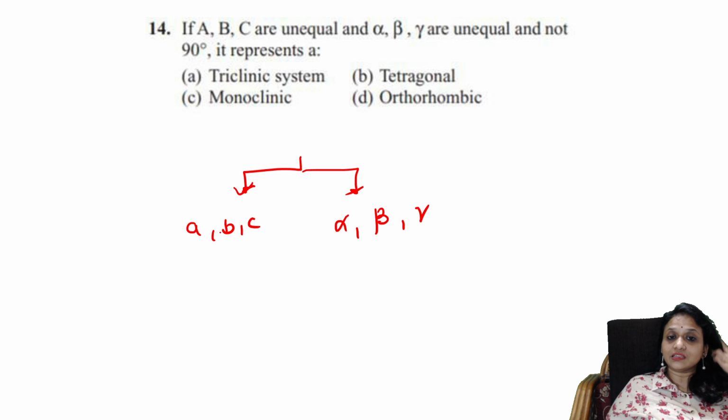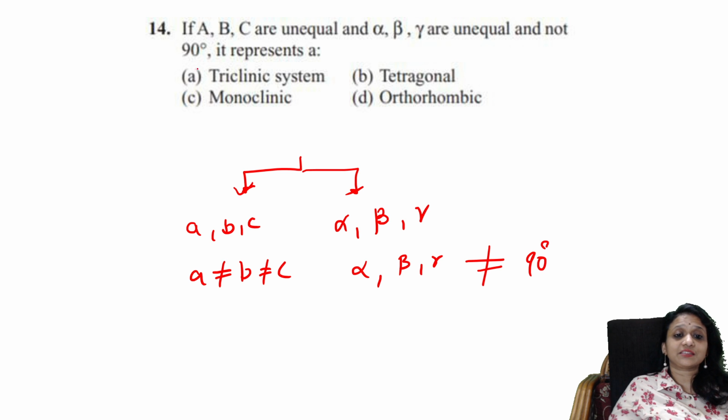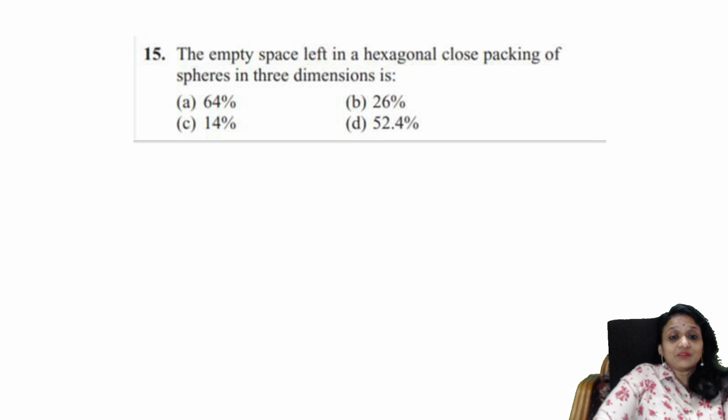So they said A is not equal to B, B not equal to C, and alpha, beta, and gamma are not equal to 90 degrees. So which is that system, students? Yes, it is nothing but triclinic system. So please learn all the parameters from the table. Fine. Next. So I'm showing you how they're going to ask you questions in the exam from the table.